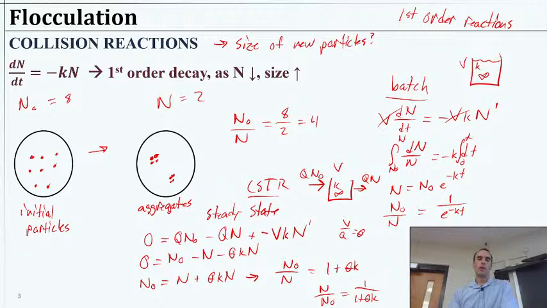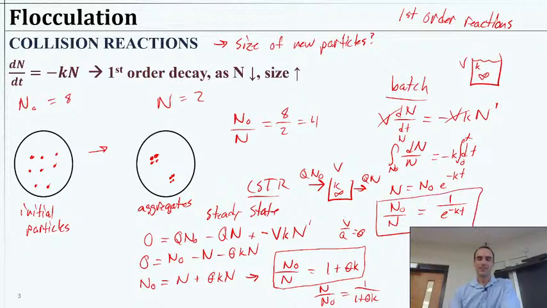So we could look at it in either sense. That's just the derivation for what we're going to need in a flocculation for the batch case or the CSTR case, right? Does that make sense? Blank stares. I'll say at least no questions, right?